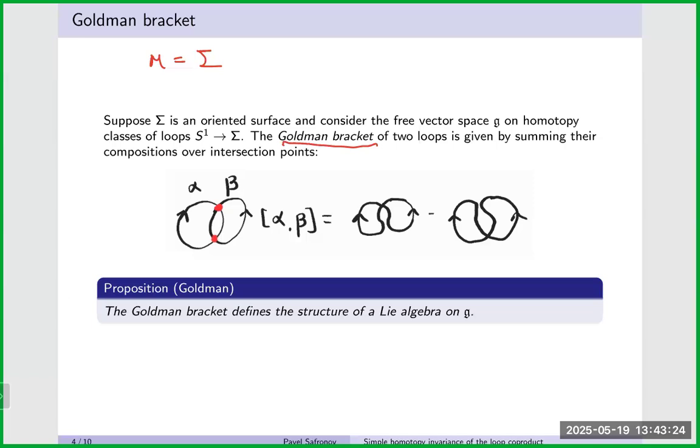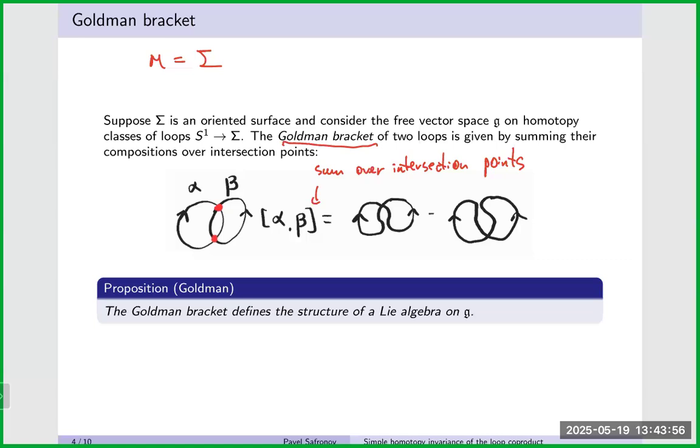And the way you compute the bracket, if you have two loops, alpha and beta, is that you sum over all intersection points of ways of resolving.